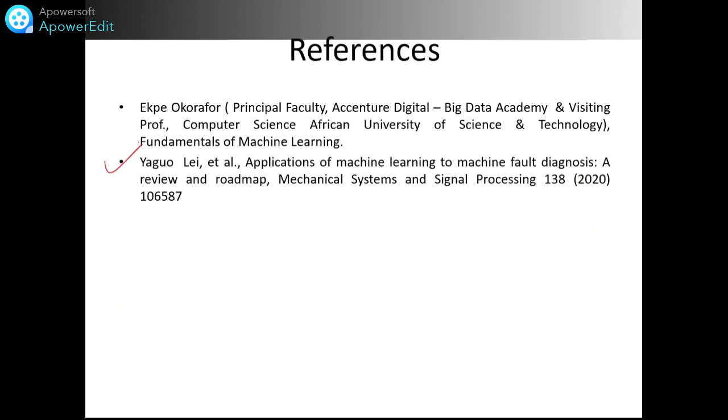The second reference has very rich content, the applications of machine learning to machine fault diagnosis, a review and a roadmap. Okay, and it was just published in 2020, so you will get all the latest references in this.